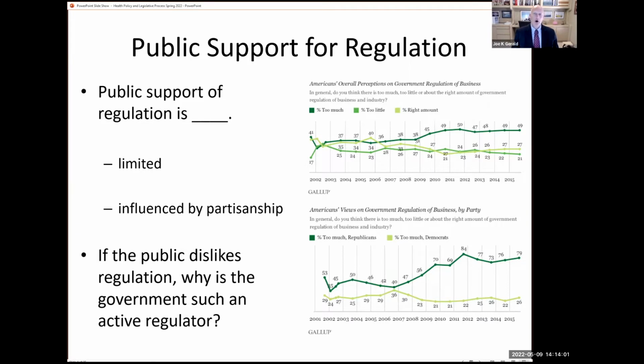And so our two political parties approach and think about regulation very differently, with Republicans, generally on average, being much more hostile to additional regulations, and Democrats being more open to or favorable towards additional regulation, right? And so that is going to be something that is taken into account in our political processes.